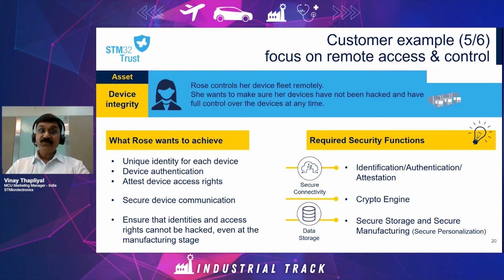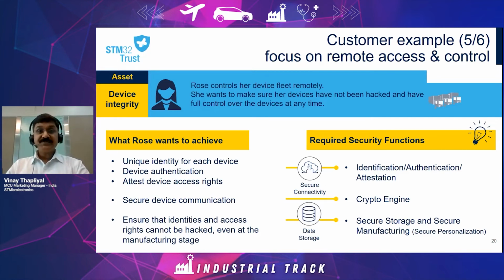Let's see one more example, which is focusing on remote access and control. So here the asset would be device integrity. Rose controls her device fleet remotely. She wants to make sure her devices have not been hacked and have full control over the devices at any time. So what she wants to achieve: unique identity for each device, device authentication, attest device access rights, secure device communication, ensure that identities and access rights cannot be hacked even at the manufacturing stage.